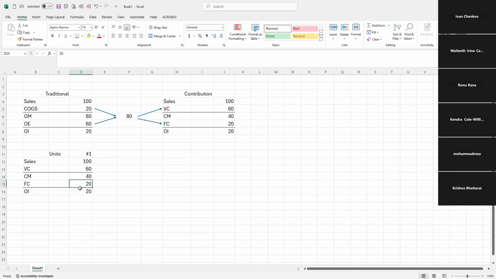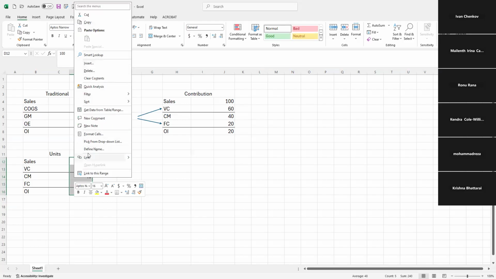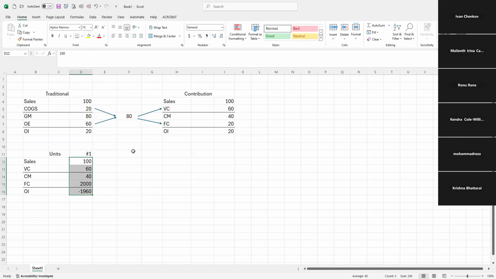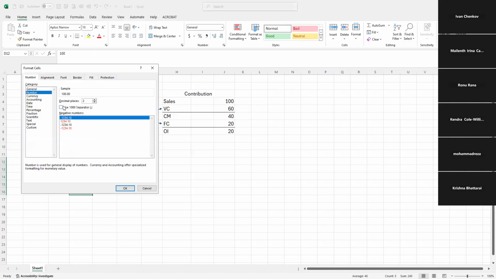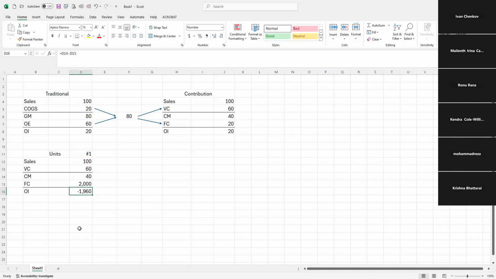Let's make the fixed costs a little bit more realistic. Fixed costs, which are our insurance, our utilities, our rent, our security and everything. Let's say the fixed cost in this case is $2,000. That's a more realistic number, right? That makes sense. So let's format this cell, put the right number with the separation and no zeros. So what will be my operating income?